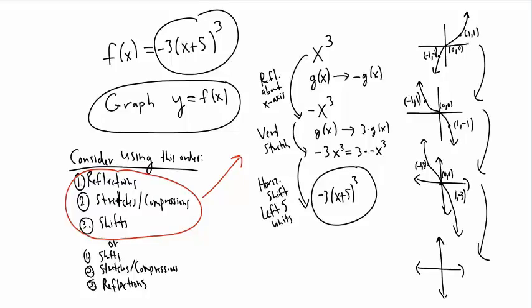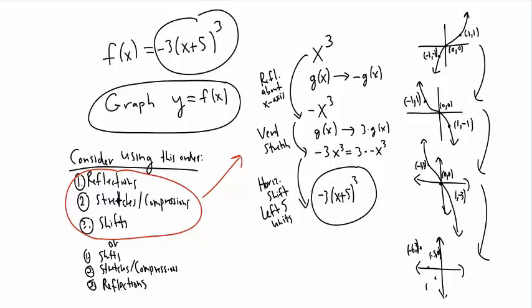What do these 3 points, the previous graph, correspond to down here in the last graph? Well, I'm going to take the x coordinate and I'm going to subtract 5 from it. So now I get minus 6 comma 3. I get minus 5 comma 0.